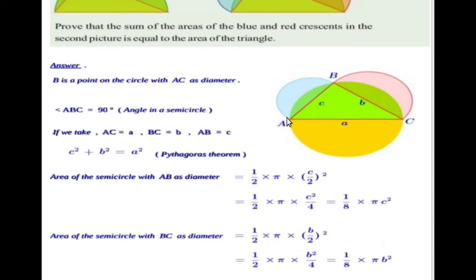One is the area of the semicircle with AB as diameter, that means c as diameter, another is the area of the semicircle with small b as diameter, and finally the area of the semicircle with small a as diameter. So, the area of the semicircle with AB as diameter. AB has length c, and we know that the area of a semicircle is half the area of a circle with the same radius.